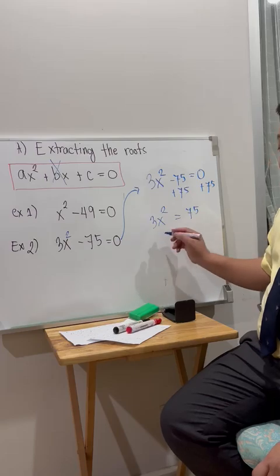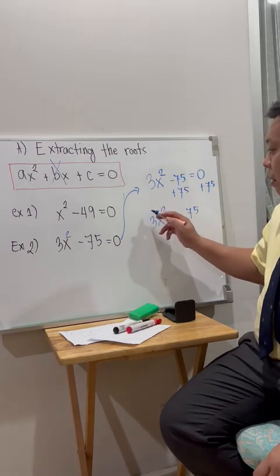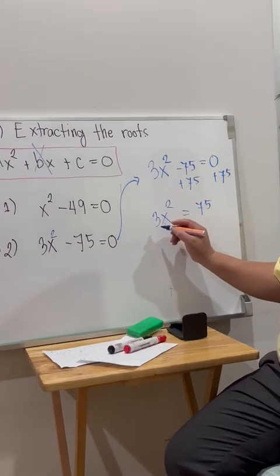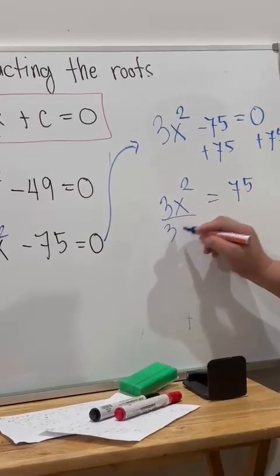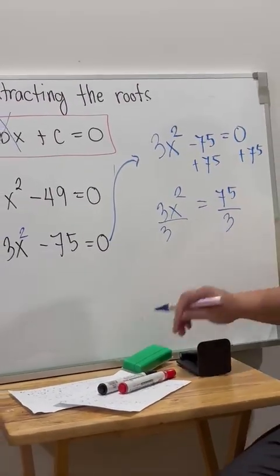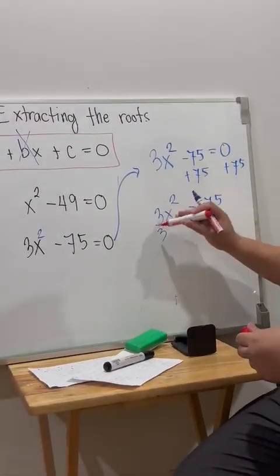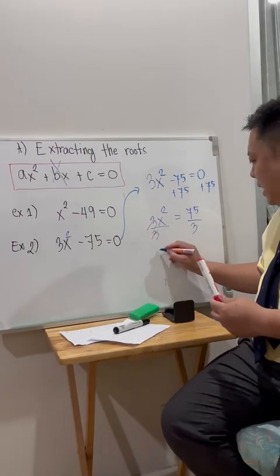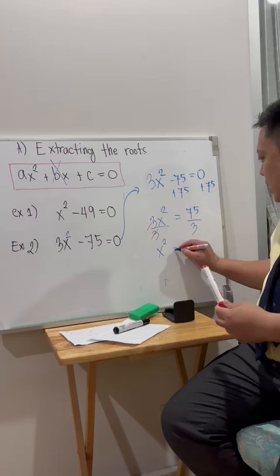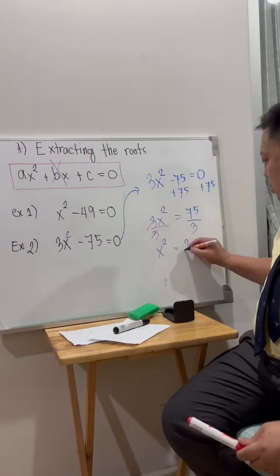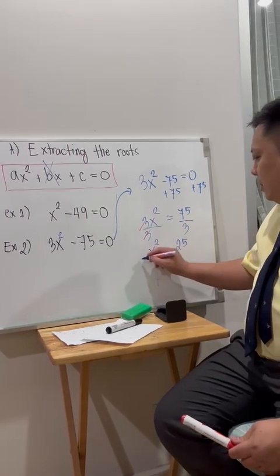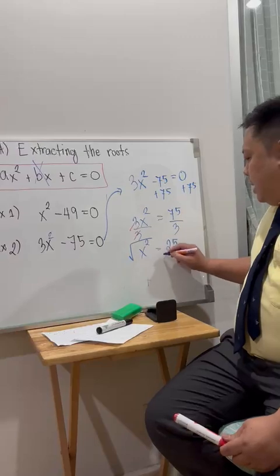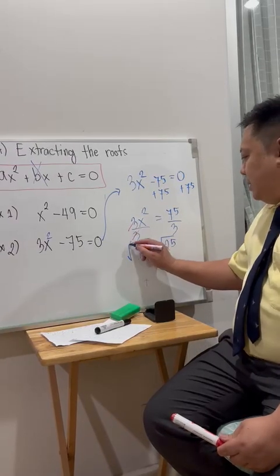Since we still have a coefficient of x squared, we can divide both sides by 3. So that will give us x squared is equal to 25. And to extract the root, take the square root on both sides.